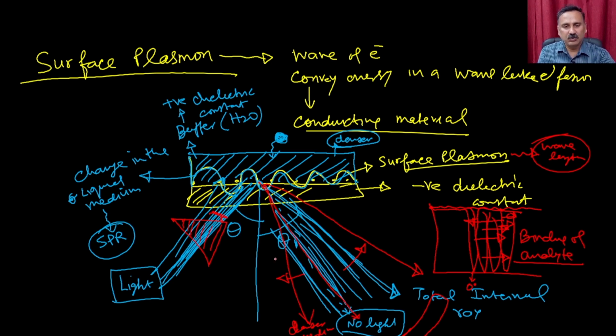When there is complete absorption, there will be a loss of light, or no light, and you can measure that with the help of the detector. So you can know whether the light is deflecting in this direction or in this direction, and that's how you can say whether there is a binding or a dissociation.